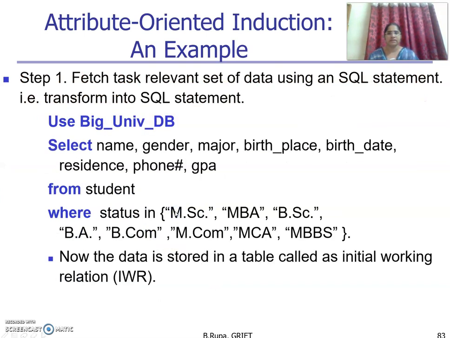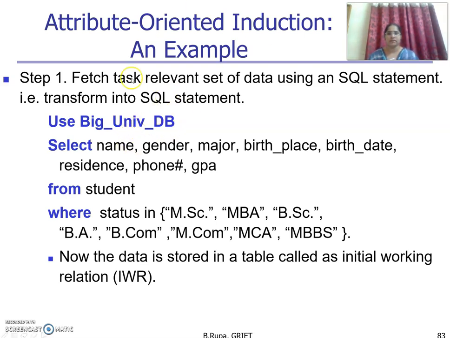Next, we fetch the task-relevant set of data using an SQL statement. That means the data we fetch using data mining query language, we can transform into an SQL statement.